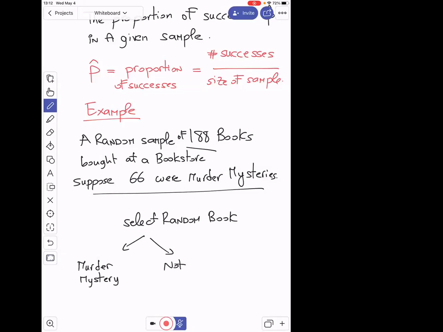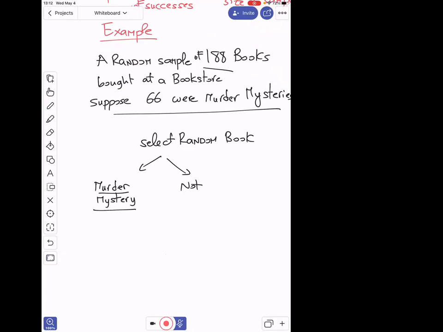So there are two possible outcomes. Here we are interested in murder mysteries, so when the book turns out to be a murder mystery, that will be a success. And if it's not, then that will be a failure.